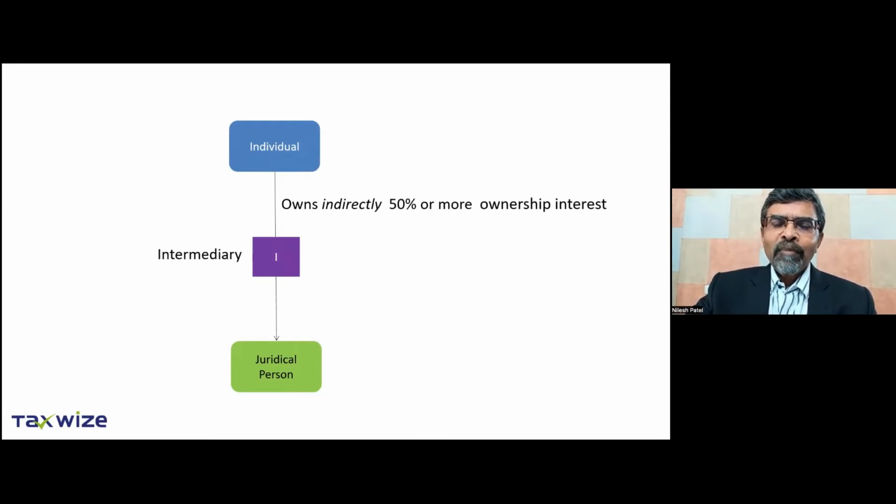Second is where the individual indirectly owns 50% or more ownership interest through an intermediary. The intermediary can be a company or any holding entity which holds shares or ownership interest on behalf of the individual.